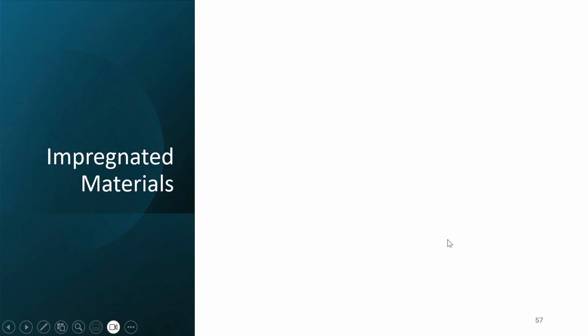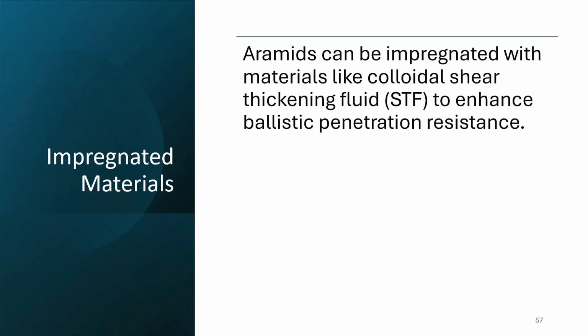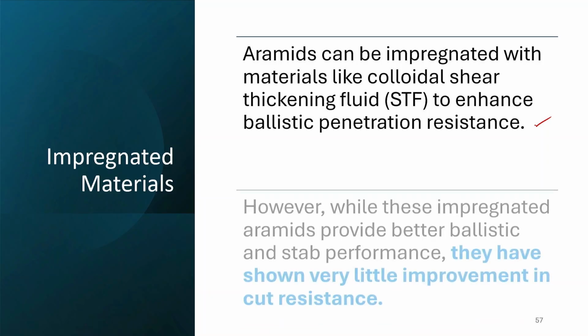So, impregnated materials are also used, like aramid fabric impregnated with shear thickening fluid to enhance the ballistic protection that we have already discussed. Here in slash also we can use this impregnated material.